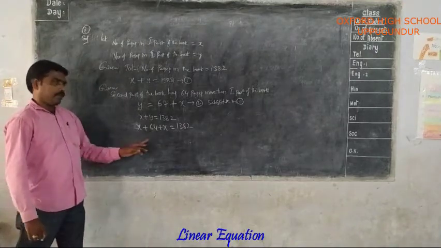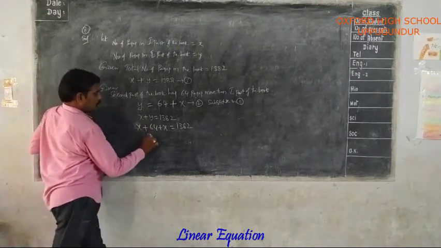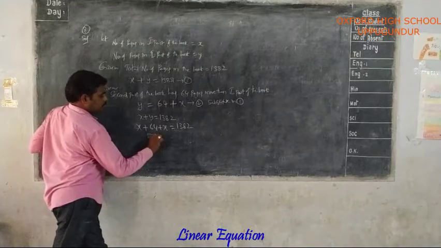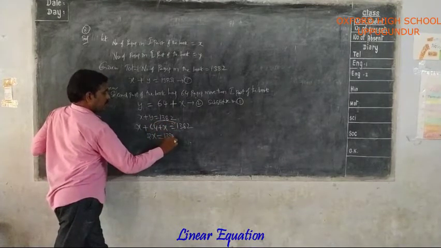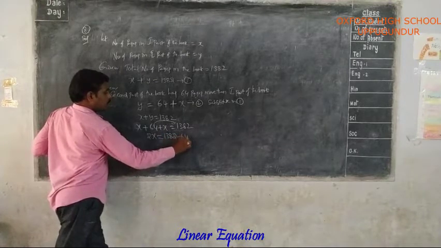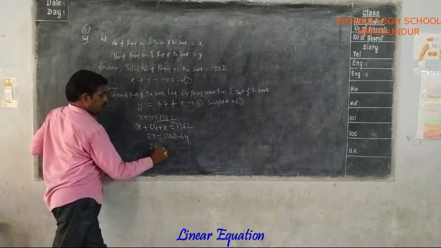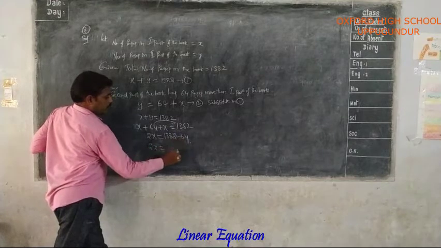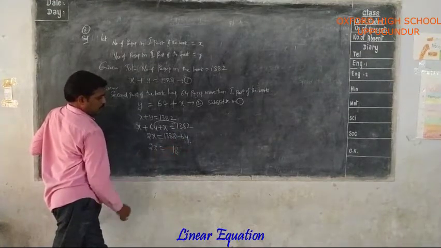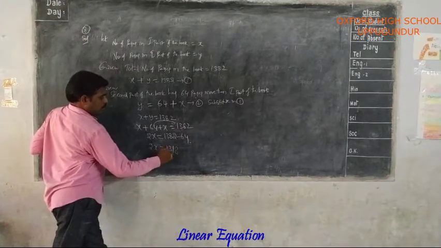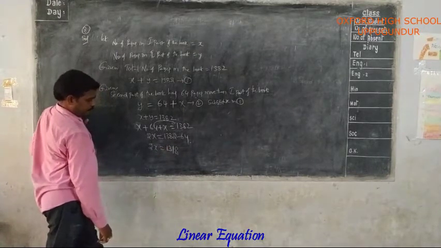These two are like variables, x plus x, 2x equal to, transposing 64 to the right side, 1382 minus 64. 2x equal to 1318.